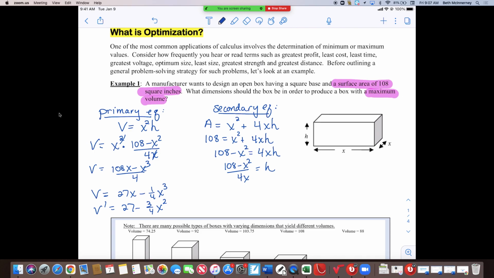And you can either do the first derivative test, where you see where it changes from increasing to decreasing, or you can do the second derivative test. On this one, I'm going to go ahead and do the second derivative test because it's kind of easy to do. So if I do the second derivative, if I bring down that 2, that would be 3/2 x.